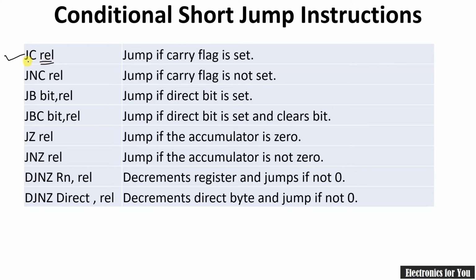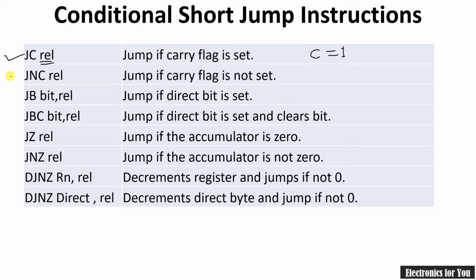JC stands for jump if carry flag is set. If the carry flag is 1, then the program execution will jump to the relative address indicated here. Note that again it is a 2-byte instruction. Only if the carry flag is set will it jump, otherwise program execution will continue as it is, so the next line will be executed directly.